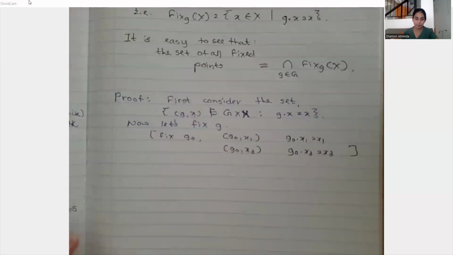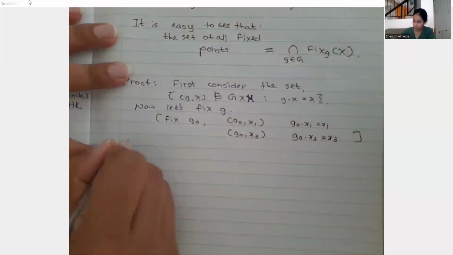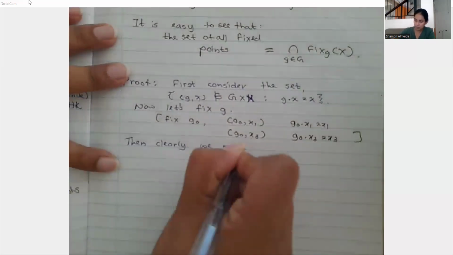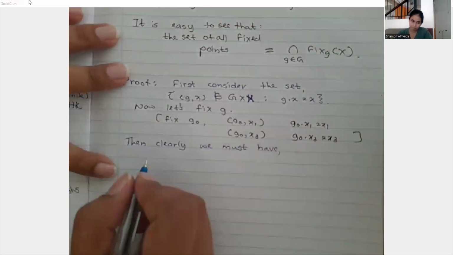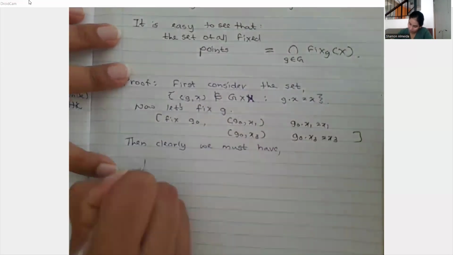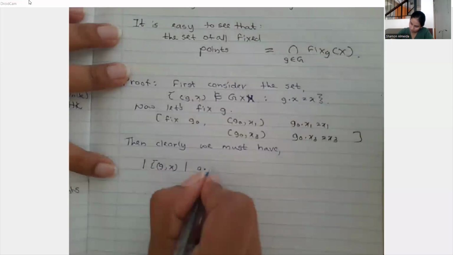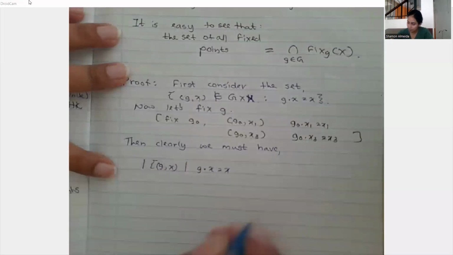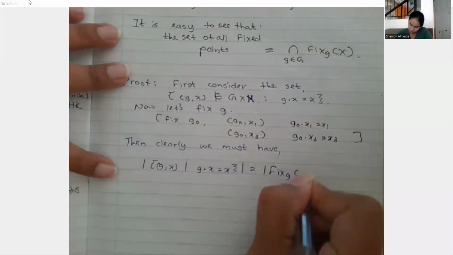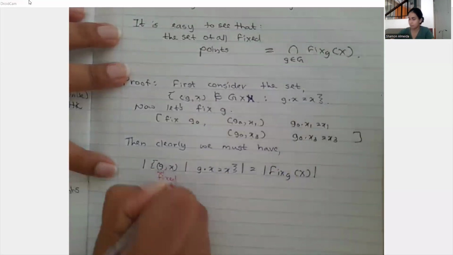So let me write. Then clearly we must have the number of elements in the set of (g, x), where g·x is equal to x, when g is fixed, is equal to the number of elements in Fix_g of X, for this particular g.